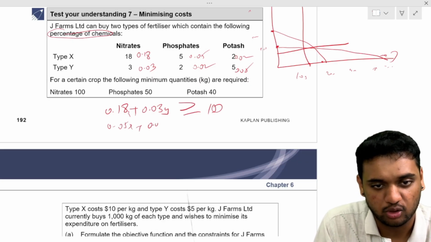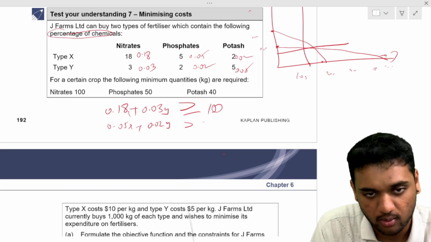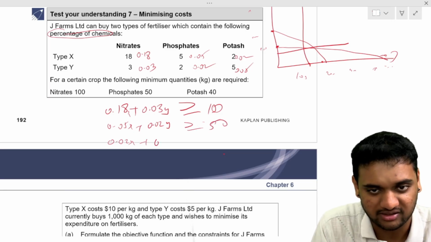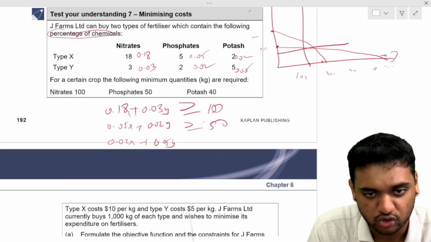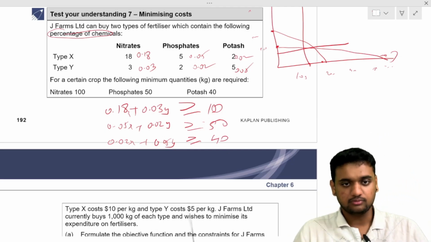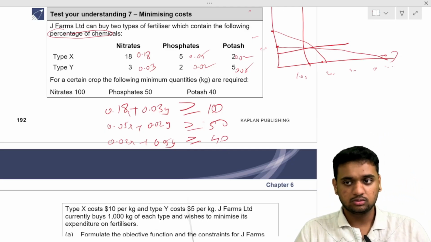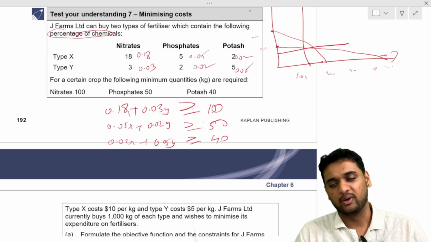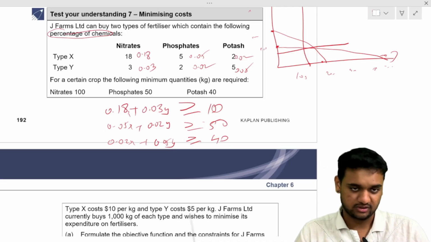And 0.02x plus 0.05y should be more than or equal to 40. Instead of 18 we will write 0.18x plus 0.03y, because these are percentages which are given to us.